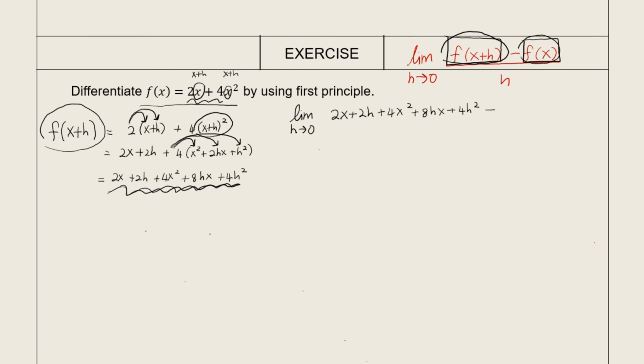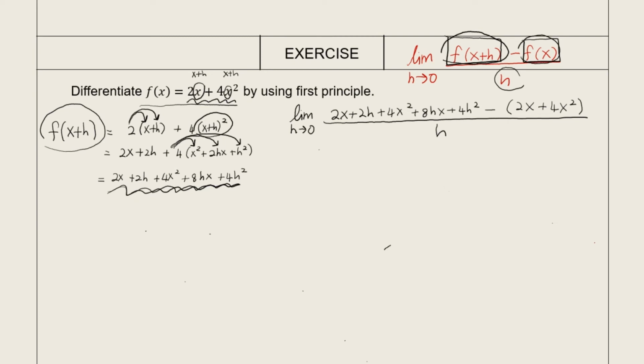So your f(x) is this one, minus (2x plus 4x squared). Don't forget to put your bracket. Okay, divide by h. So this one is the formula for first principle of differentiation.